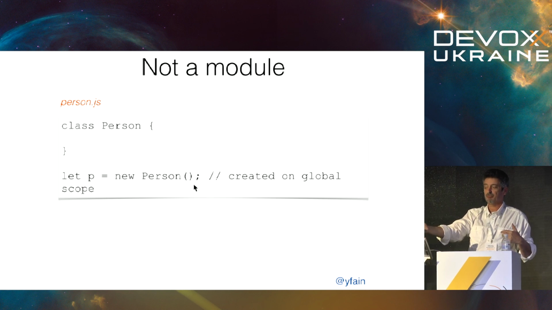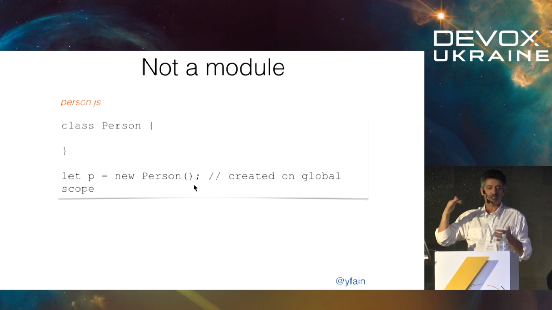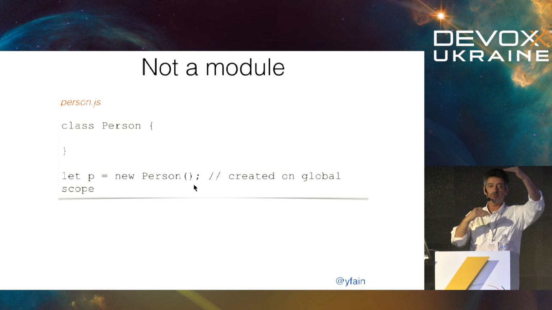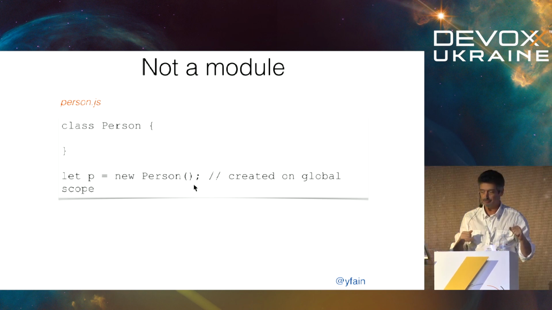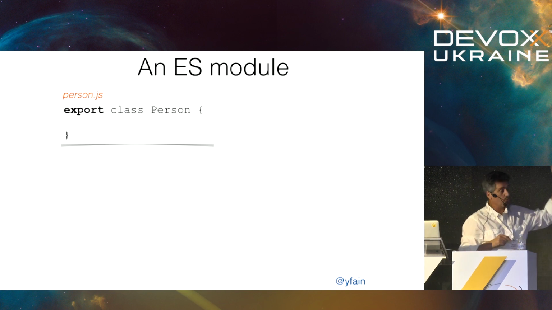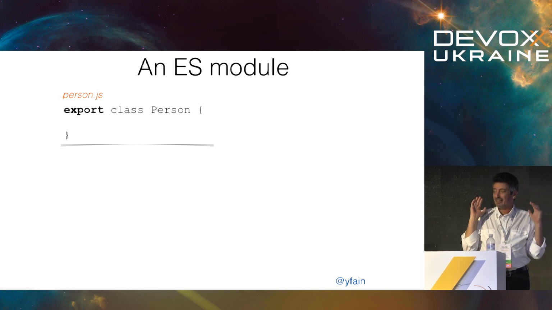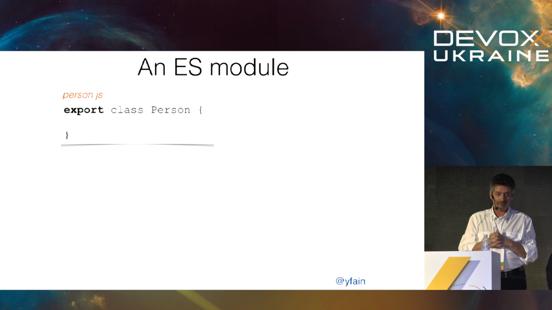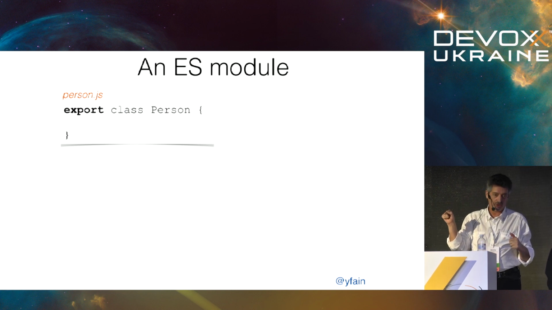If I have multiple files like this and I instantiate each of them, I will quickly pollute my global scope, be that a browser or Node.js. But with one little keyword, again, I have the file person.js, but since I am using the export keyword, it becomes a module. It's not a standard or regular script anymore.